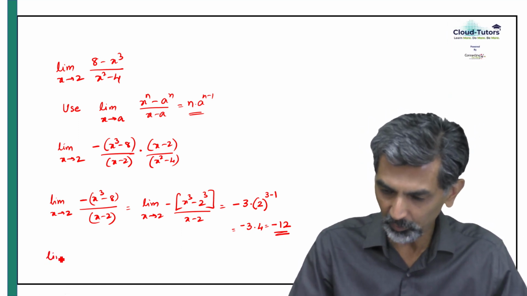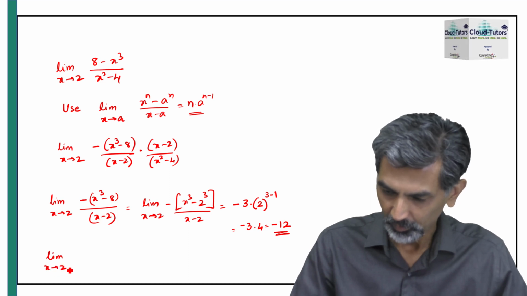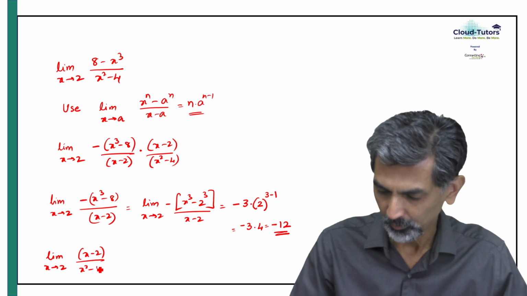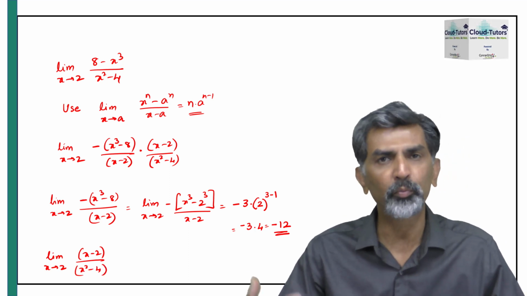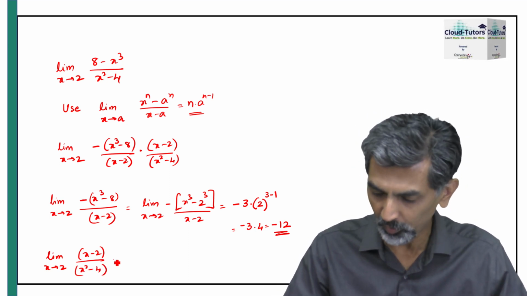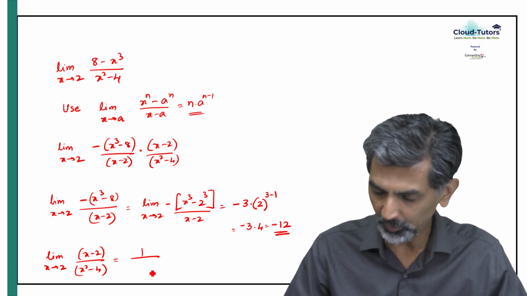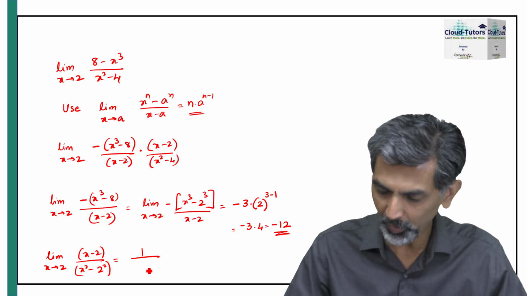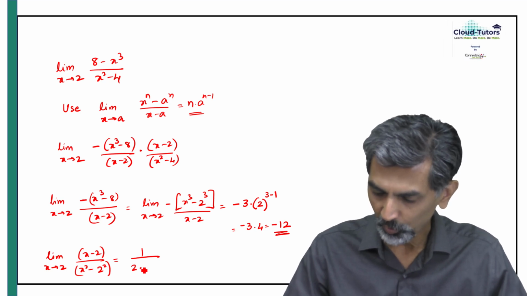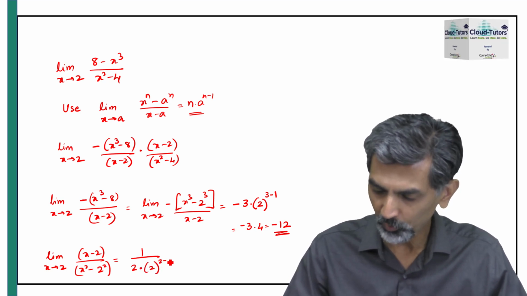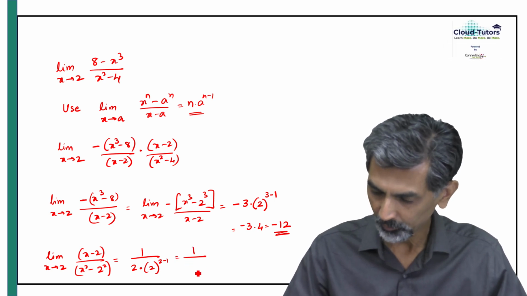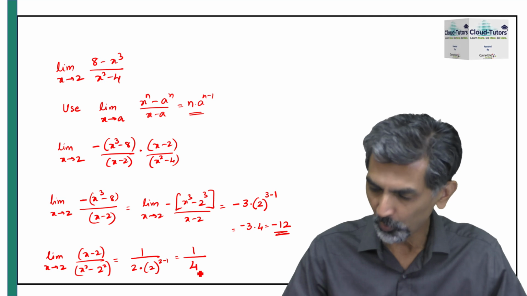What about the other part of the limit? Well, x minus 2 is the numerator, x squared minus 4 is the denominator, so we end up with, 4 can be written as 2 squared, and this becomes 1 divided by 2 multiplied by 2 to the power of 2 minus 1, that is 1 divided by 4.